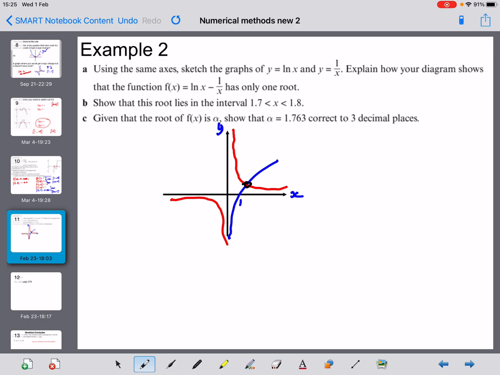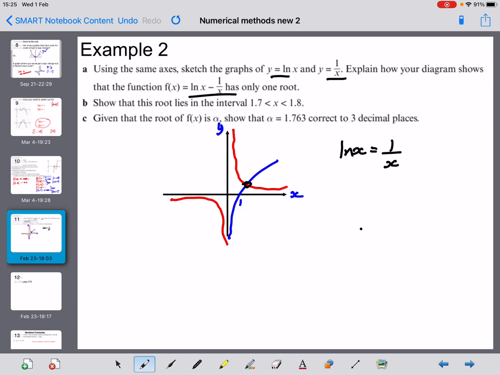Okay, but it's not enough just to say that. We need to show algebraically how those two link. So again, this links back to the starter. That point of intersection is where log x equals 1 over x.